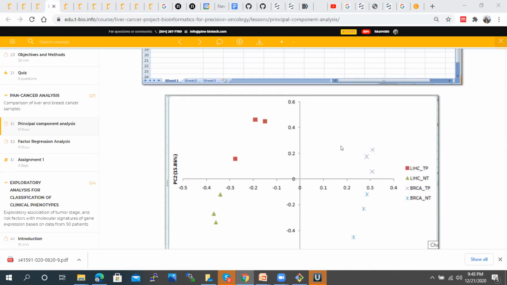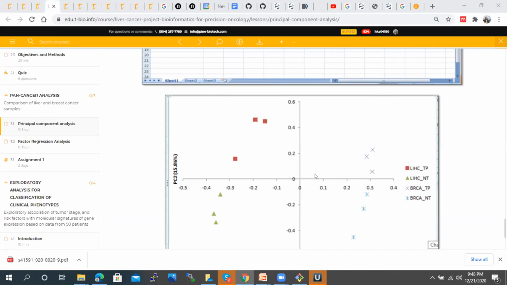Here we have taken all the data and tried to see whether we can differentiate based on the signature, whether we can differentiate those genes or not. Once we have run the PCA, we want to identify which specific genes are associated with a liver cancer tumor type or the breast cancer type.